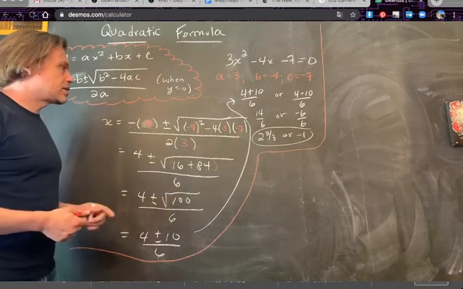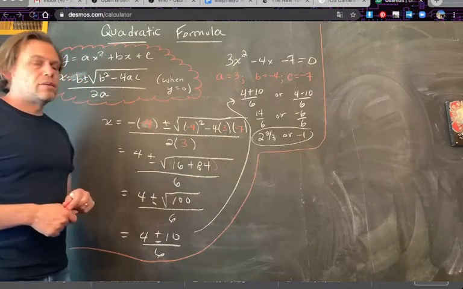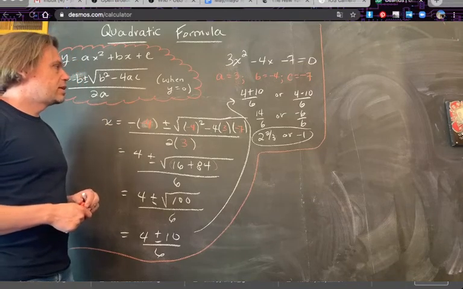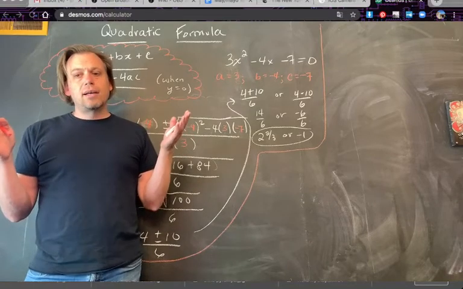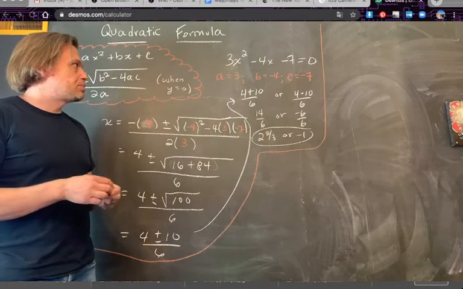Well, that tells me actually that this thing is probably factorable. And remember when we factored polynomials? 3x squared minus 4x minus 7. So we're done with the problem. It matched the graph we had. The only thing now is, I just want to see if this works another way.